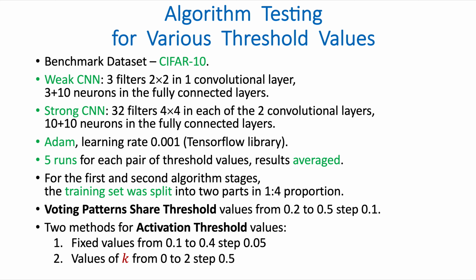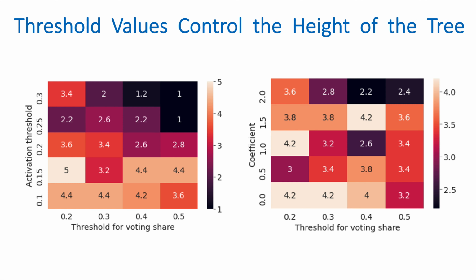For each pair of threshold values, we perform 5 runs, and the results are averaged across all runs. For the first and second algorithm stages, the training set was split into two parts in a 1:4 proportion.